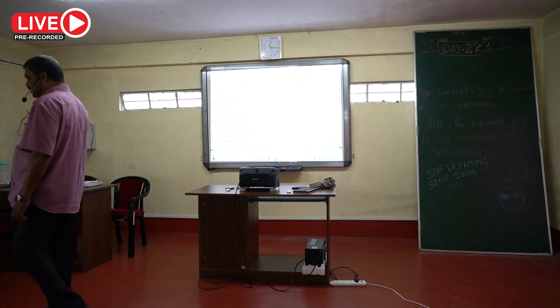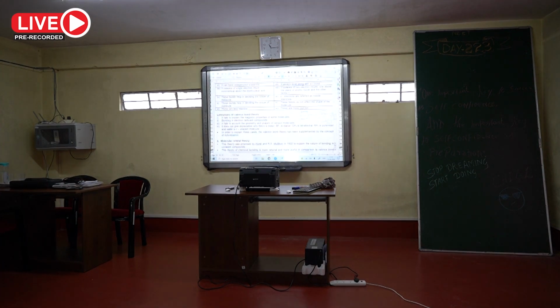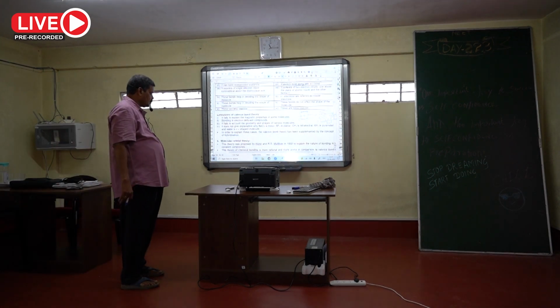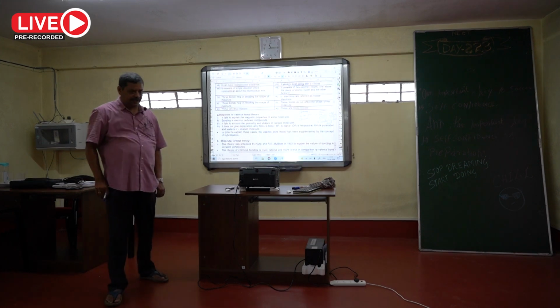The number of electron cloud regions above and below the internuclear axis in ethyne molecule.